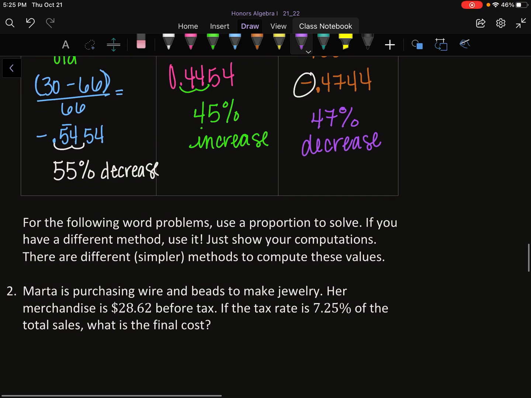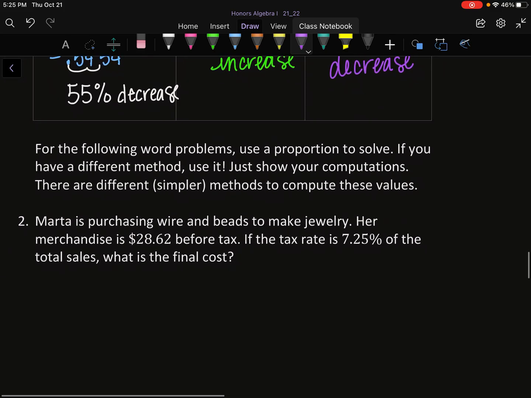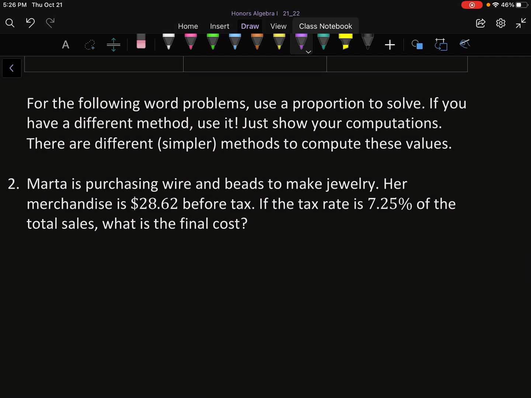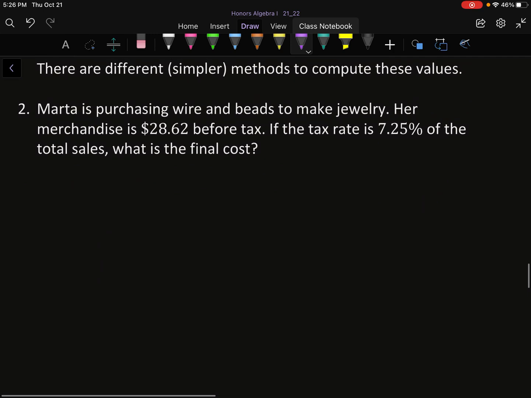We'll talk more in class on Tuesday about these problems and the homework as well, okay? For the following word problems, use a proportion to solve if you have to, but if you know a different method, use it. Just make sure you're showing me your computations, and I'll show you what I mean. There are simpler methods to compute these values.